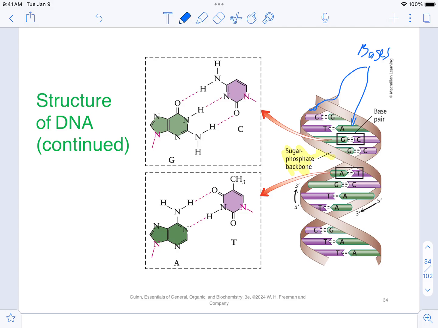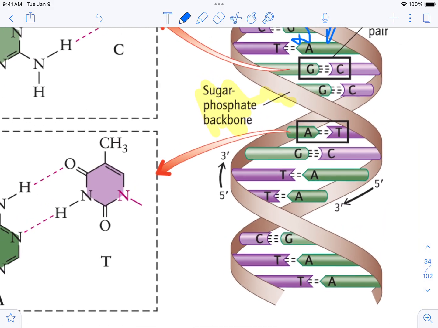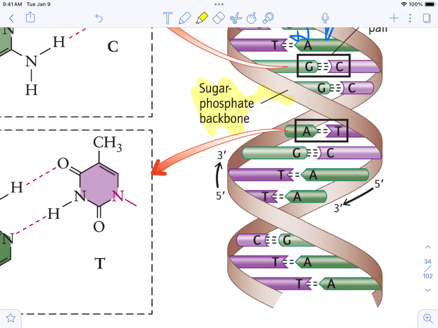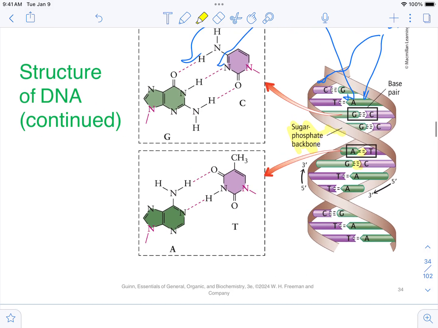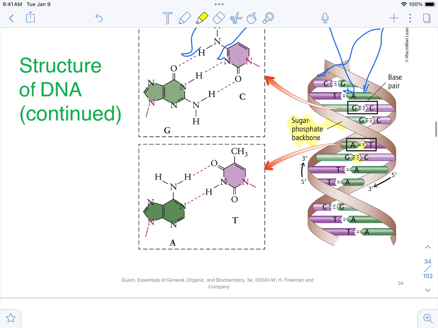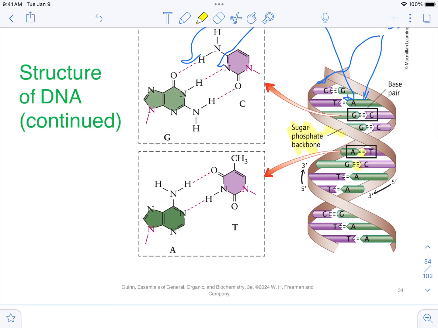And the dashes that you see in this structure, these are your hydrogen bonds. So your dashed lines are your hydrogen bonds. Notice that some of them have 2 bars and some have 3 bars. And we will talk about that on a later slide. Also notice how they're oriented anti-parallel, 3' to 5' and 5' to 3'.